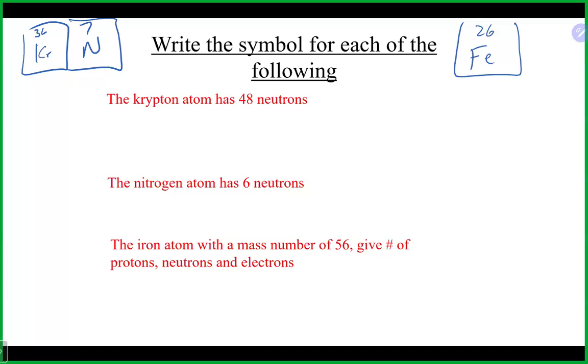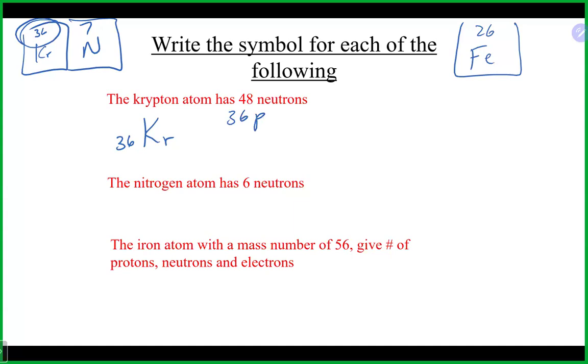Okay, let's take a look. So again, obviously here we can go to the periodic table to help us out. So krypton is Kr. And obviously here we're looking for the atomic number and mass number. Right off the bat, you could get from the periodic table the atomic number, and that's going to be 36. And remember, that is going to go bottom left of our symbol. What that will also tell us is we definitely have 36 protons in this case.